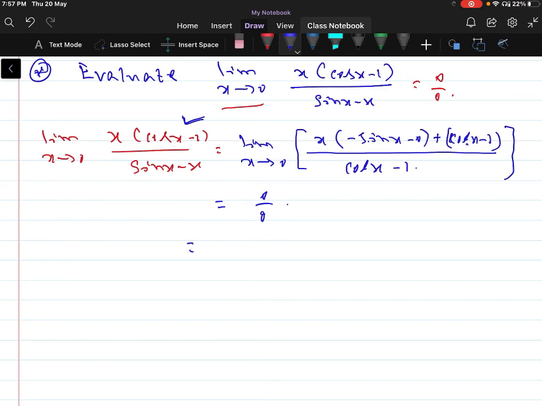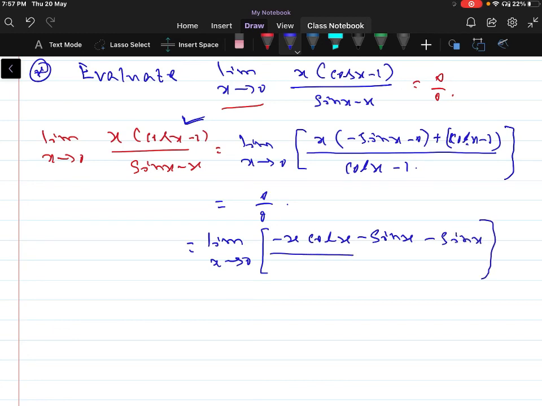Again it is a 0 by 0 form. So again we apply the L'Hospital rule. As x approaches 0, x into minus sin x, minus x into sin x differentiation cos x, minus sin x into x differentiation 1, plus cos x differentiation, that is minus sin x, so minus 1 differentiation 0, divided by cos x differentiation minus sin x, minus 1 differentiation 0.